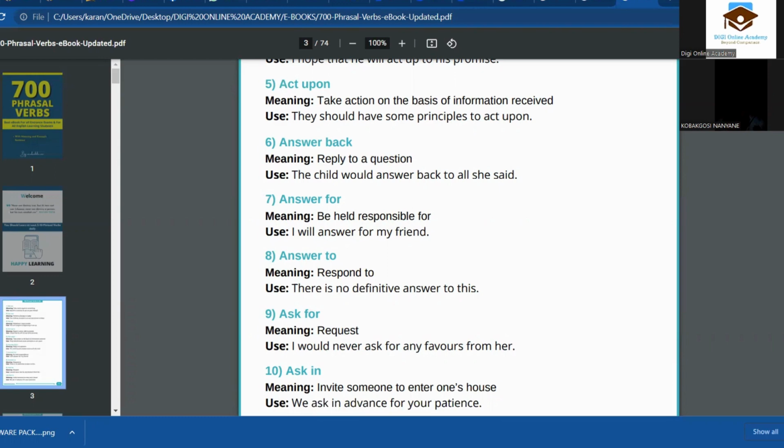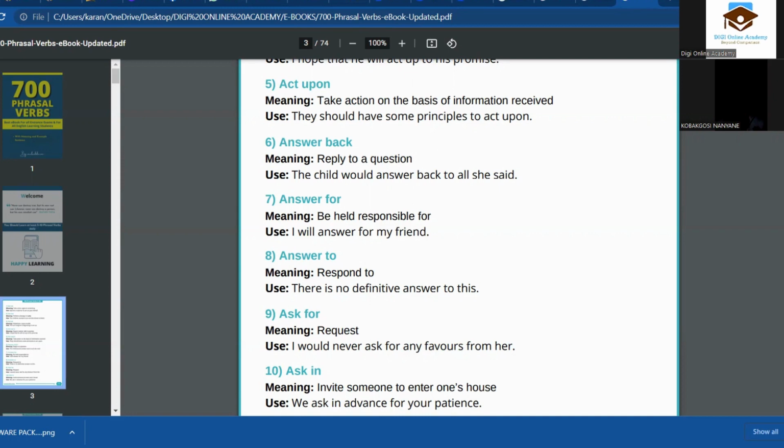Okay, ask for. It's a very simple phrasal verb where you request someone. I've been asking you for lunch, or I would never ask you for any favors, right? So when you request somebody to give you something, or request any service or thing, you use this phrasal verb ask for.